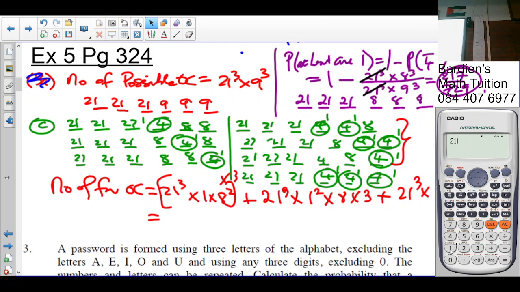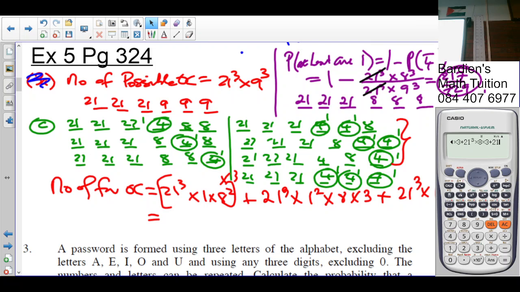It's 21 cubed times 1 times 8 squared, plus 21 cubed times 1 squared times 8, oh yeah, the 3 I'm forgetting here, times by 3, so 21 cubed times 1 squared times 8 times 3.